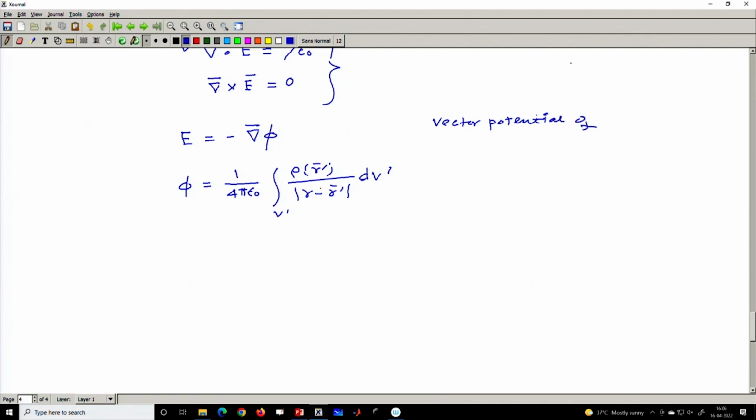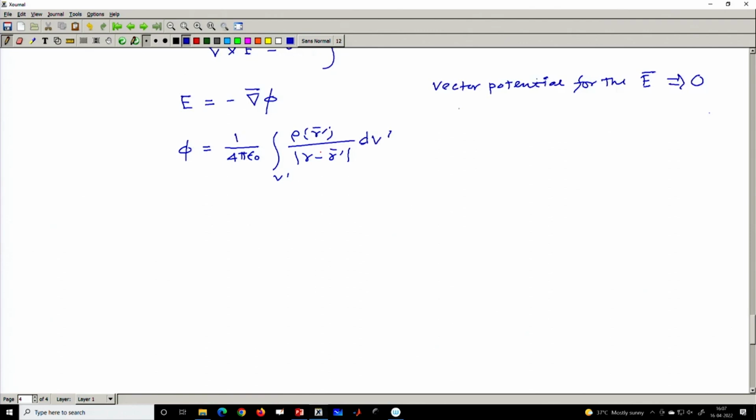for the electric field E is simply 0. Okay, we do not have any vector potential, but the scalar potential is very much there.